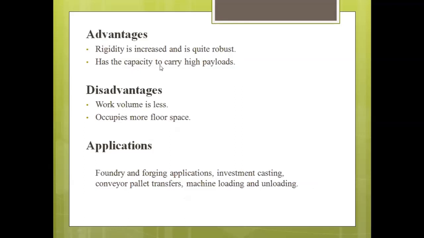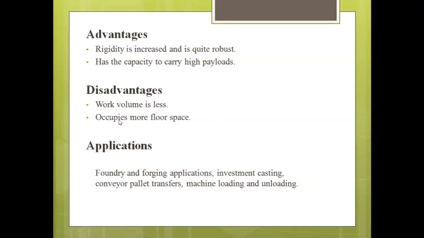It has the capacity to carry heavy and high payloads. Coming to the disadvantages, work volume is less as compared to other configuration robots, spherical as well as jointed arm robots. Work volume is less.